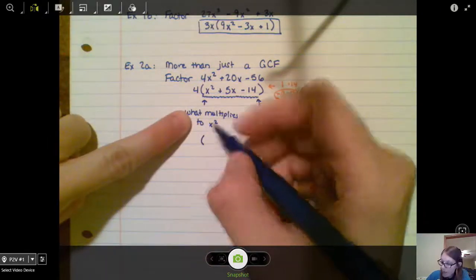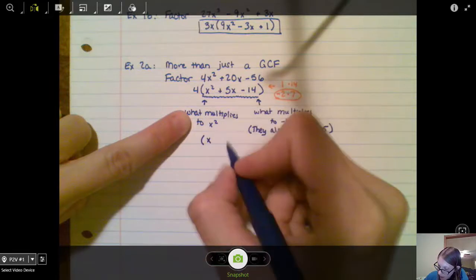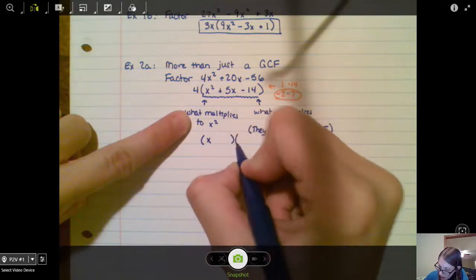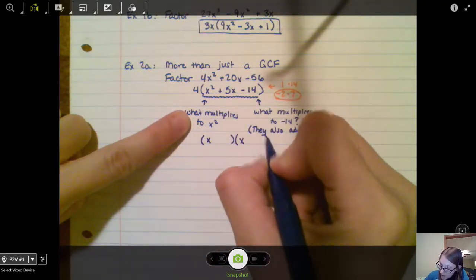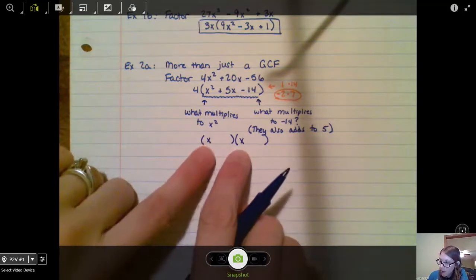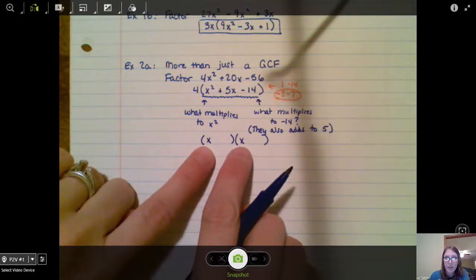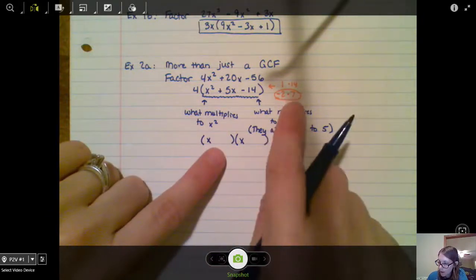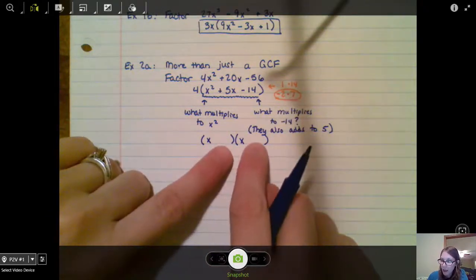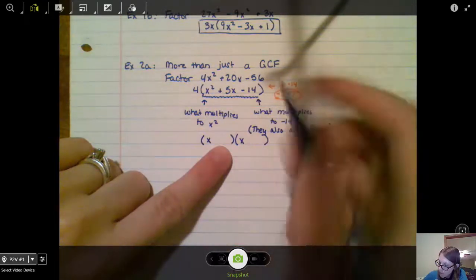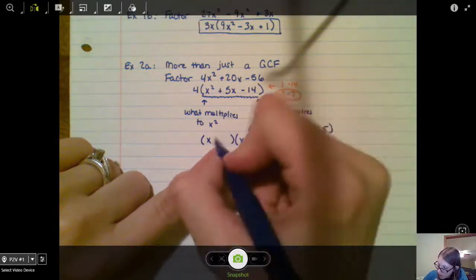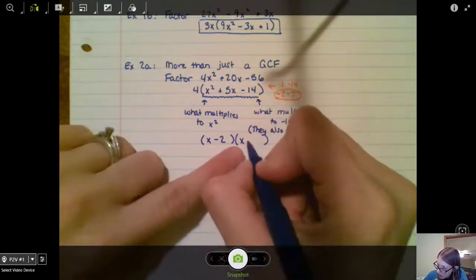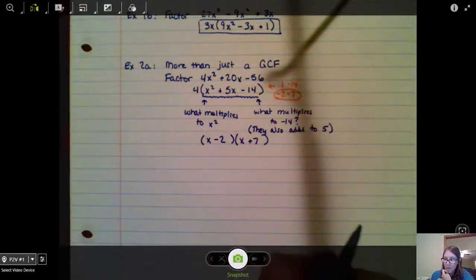there's only one way I can get to x squared. X times x. The x and the x are our first terms in each binomial. And then my other numbers, my pair here, give us our last terms in our binomial. So we have x minus 2 and x plus 7.